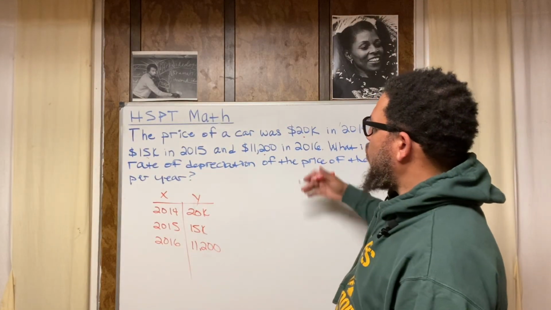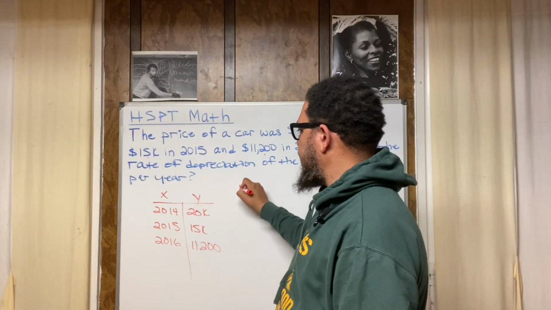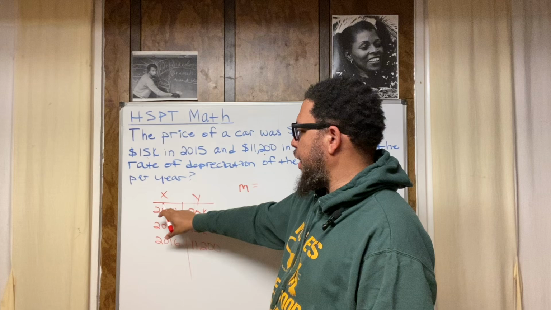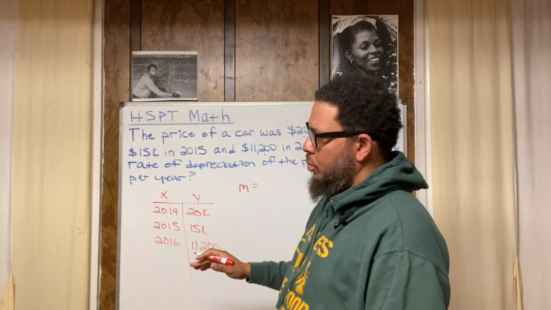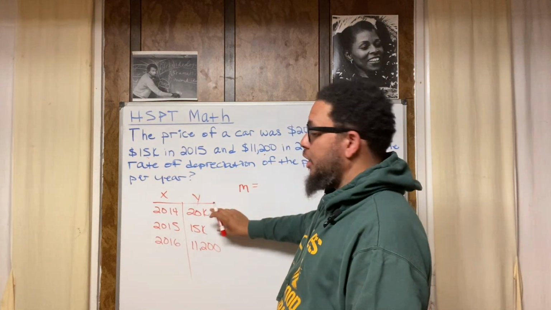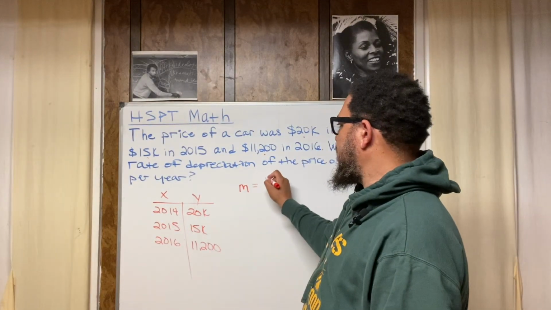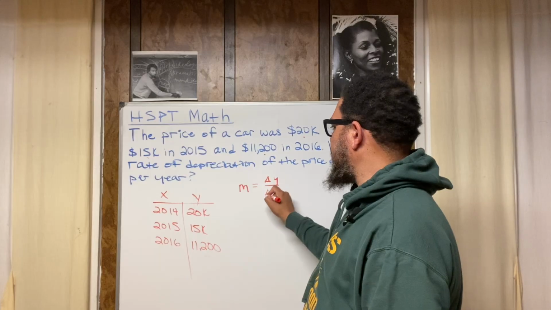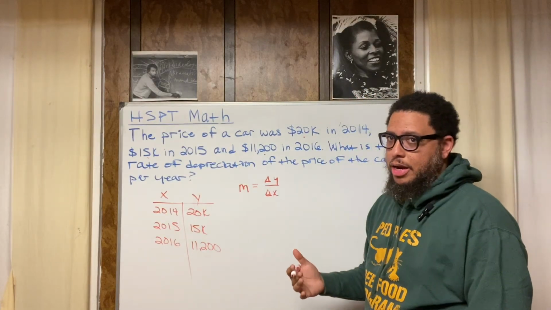So now, what is the rate of depreciation? So what we're doing is we're saying, all right, let's find M. M is equal to the rate of change of Y divided by the rate of change of X. So let's say delta Y divided by delta X. All right, delta is the Greek letter that represents change, right? How much something changed.